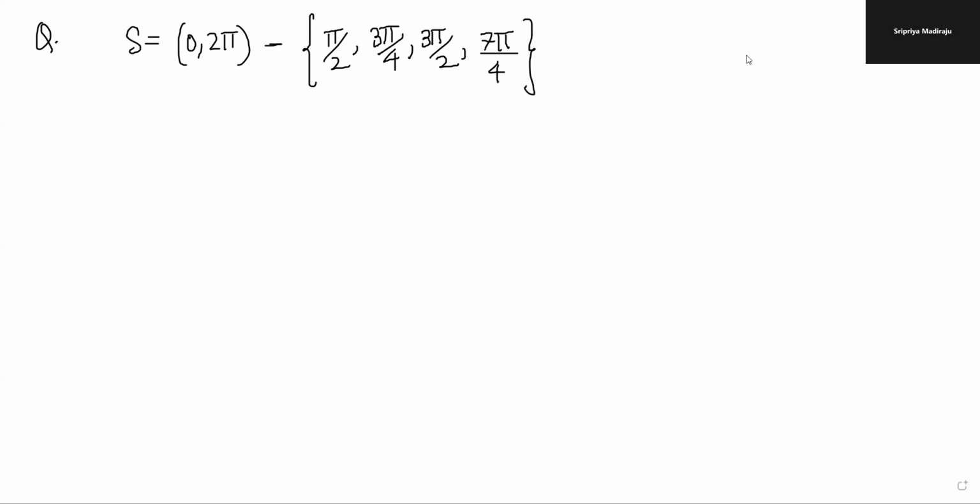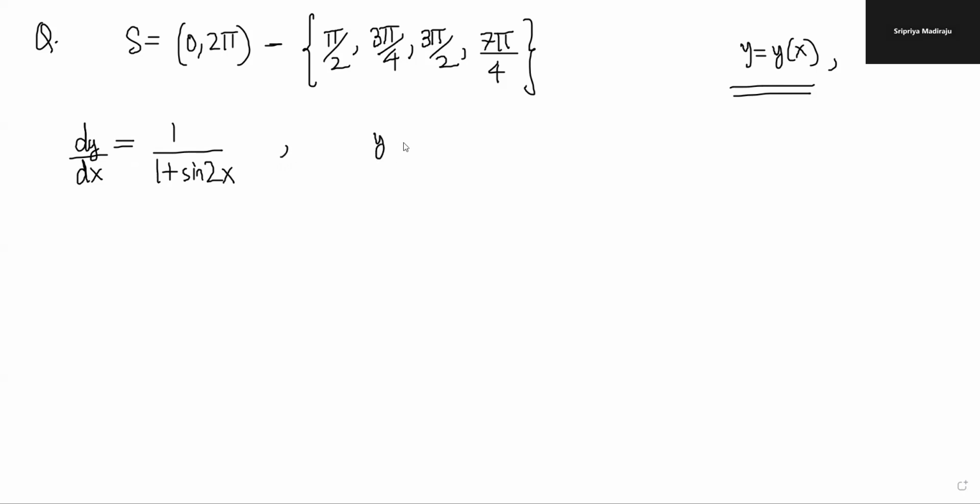This is the set S, y is equal to y of x, where x belongs to S. This is the solution of the differential equation dy by dx is equal to 1 by 1 plus sine 2x. Okay, that's it. That's a pretty straightforward differential equation. Yeah, I did that, but my solutions weren't right.